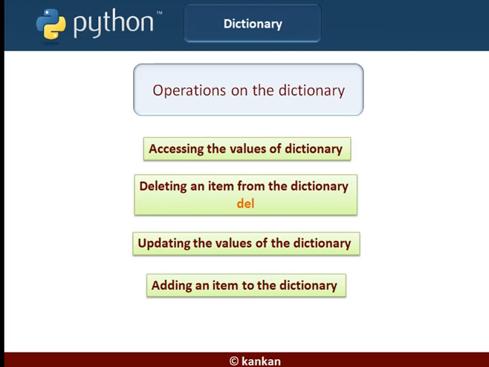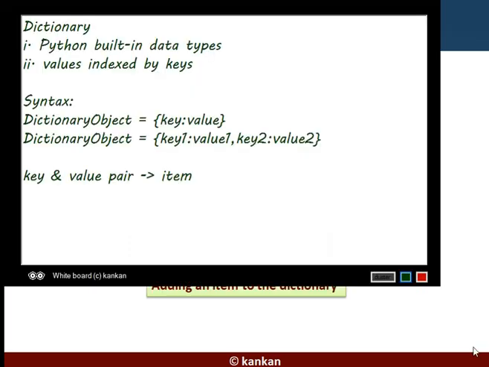So how to access the elements of the dictionary? In order to access the dictionary values, you will need to mention the keys, nothing else. How to access this? Dictionary object, and within square brackets you need to mention the key.